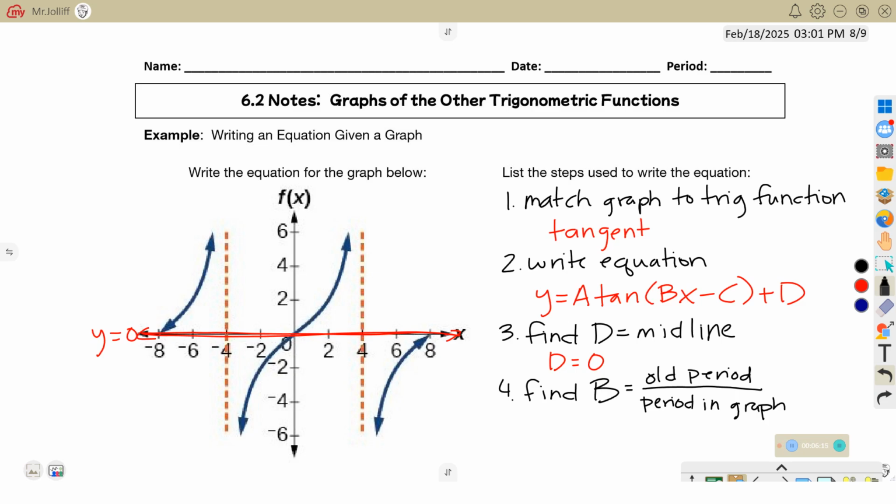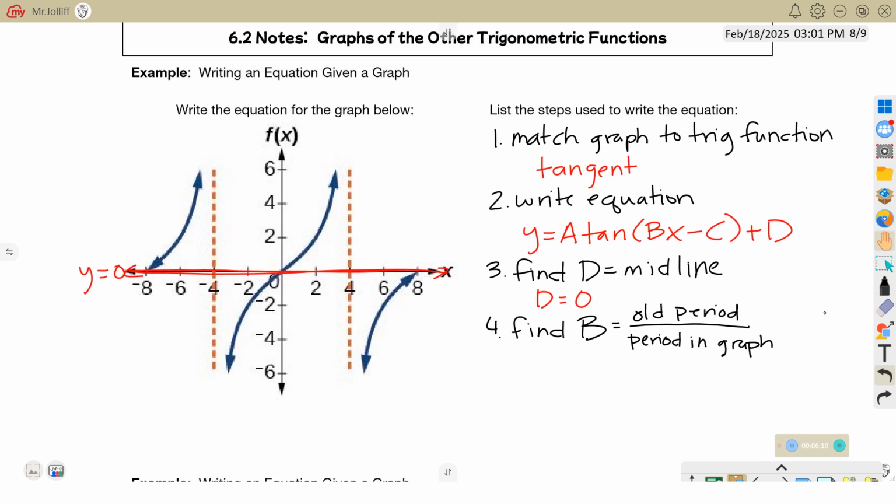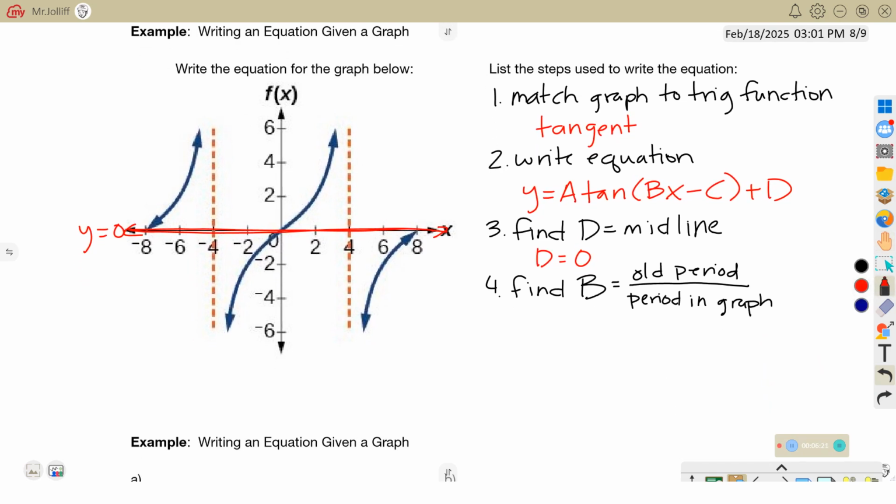We have to take that into account. We'll do that for this guy. It's going to be a fraction.